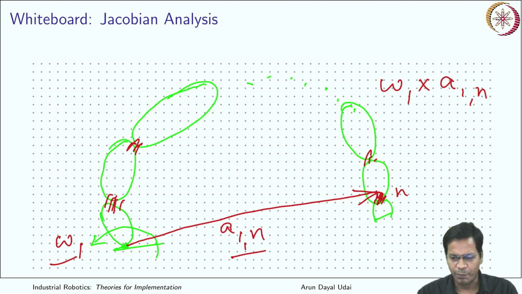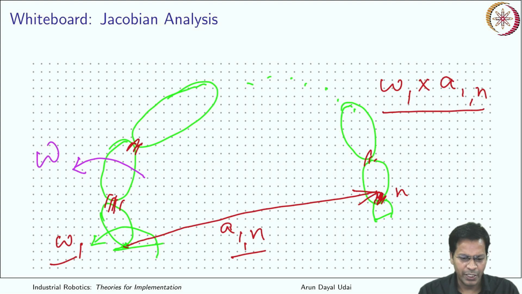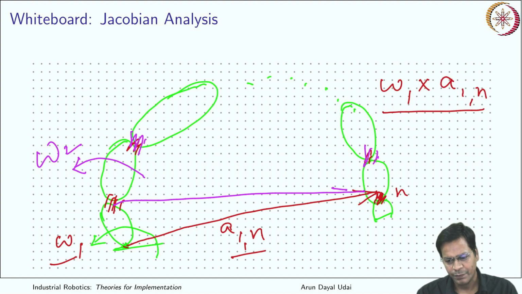That is the velocity component due to this angular velocity. Now let us do the second one. Now I'll take this motion omega 2. Again you consider all the others as frozen. Omega 2, because it is rotating, gives a distance from here till the end which is a2n. This is the vector of the nth frame from the second.